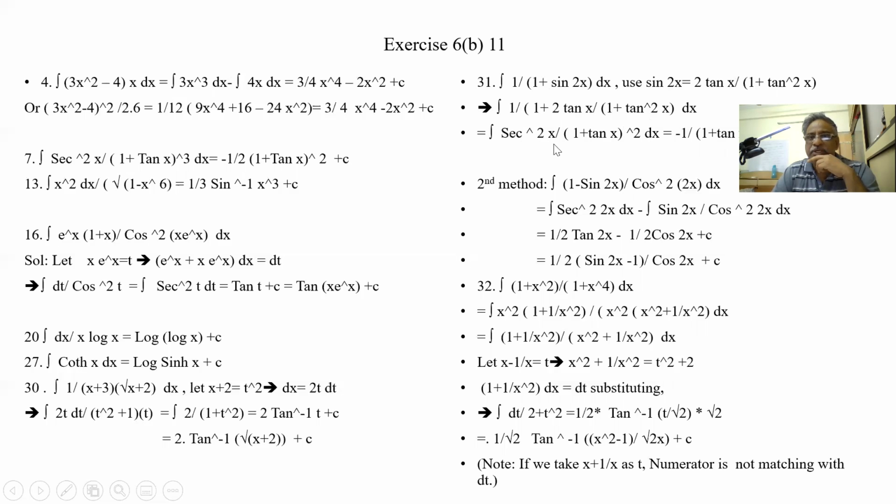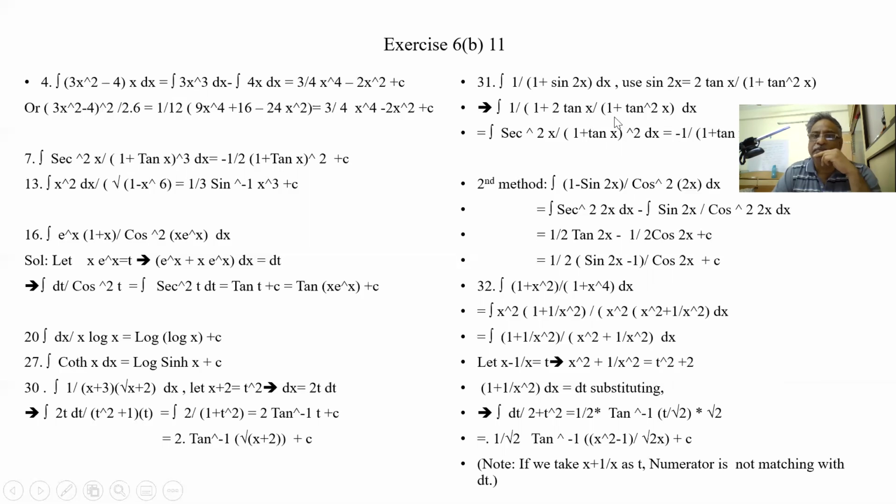So secant square x is the tan x differentiation. So we'll say minus 1 by 1 plus tan x.